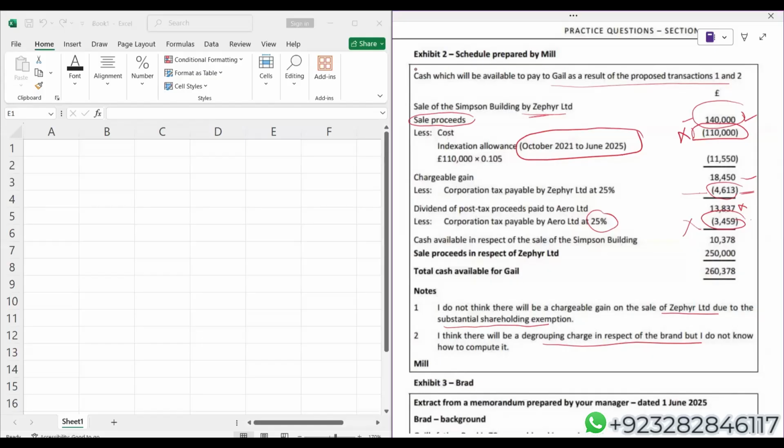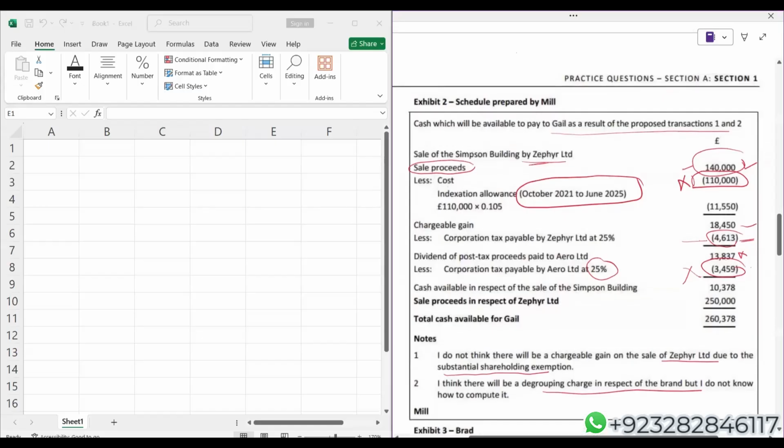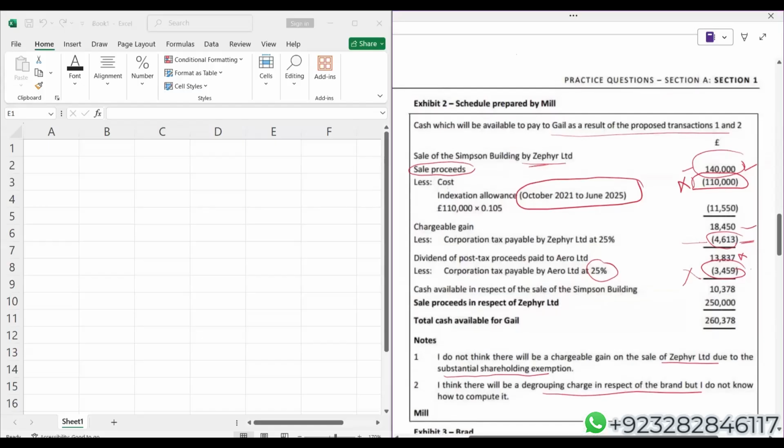So less cash will be available to pay Gail as a result of proposed transactions 1 and 2, schedule prepared by Mill. So let's do the correction here.